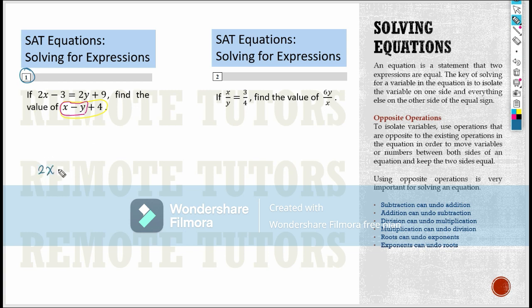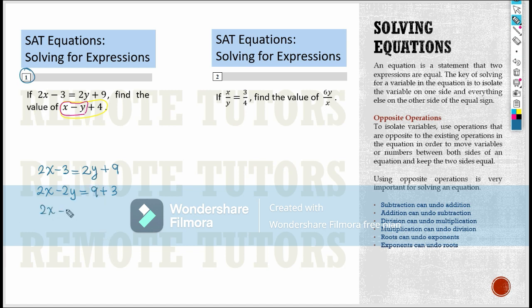Now, 2x minus 3 equals 2y plus 9. Since I need to solve for x minus y, I will subtract 2y from 2x, and I will add 3 to 9.